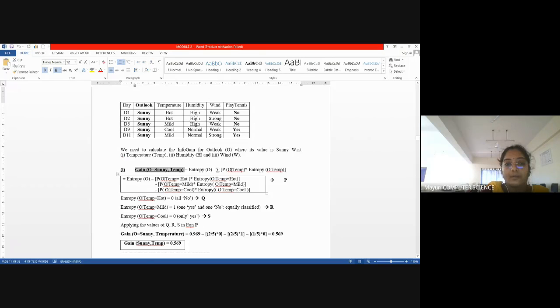Okay. Now, what are all the values you have in temperature? 3 different values, right? One is hot, 2 values are mild, one is cool. What did you observe in this? All the hot values are no, right? So its entropy is what? 0.